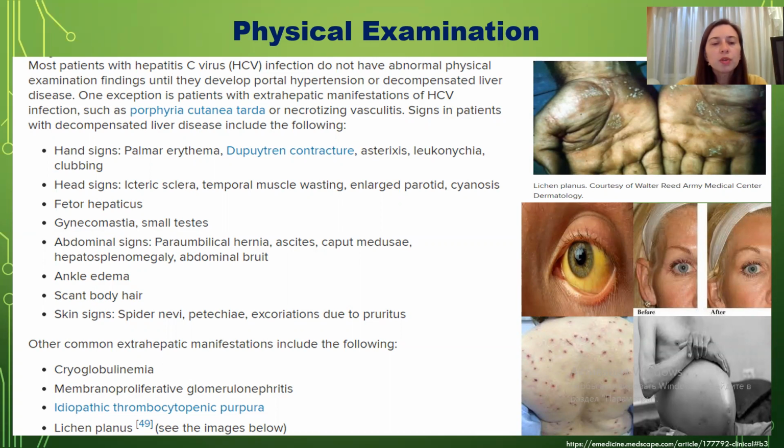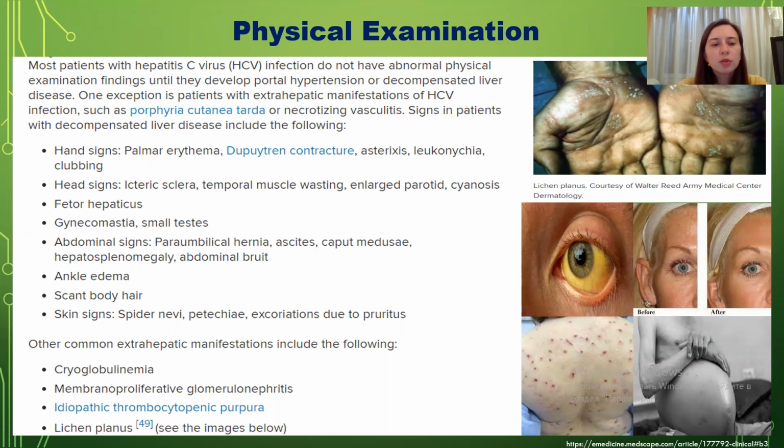Signs in patients with decompensated liver disease include the following. Hand signs: palmar erythema, Dupuytren contracture, osteoarthropathy, leukonychia, clubbing. Head signs: icteric sclera, temporal muscle wasting, enlarged parotid, cyanosis.